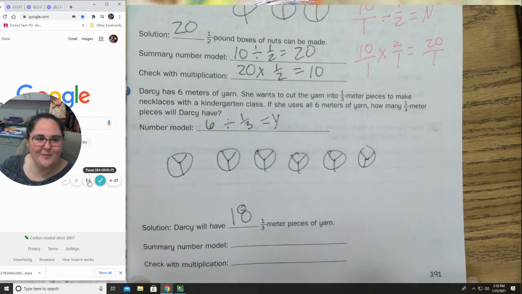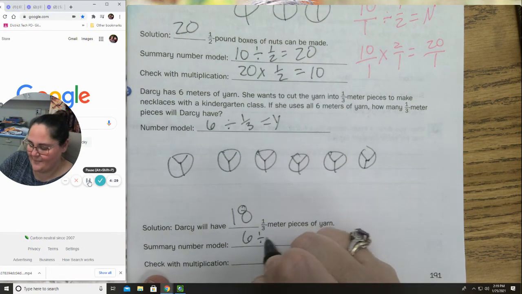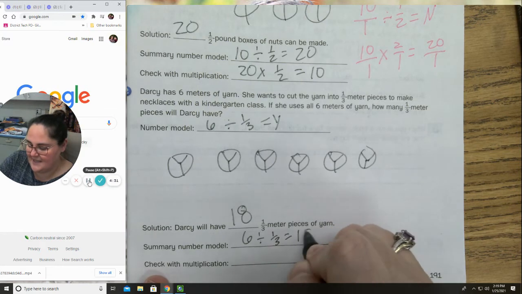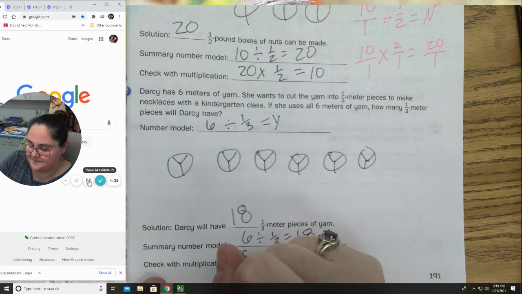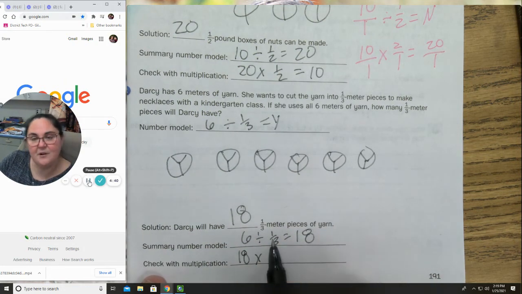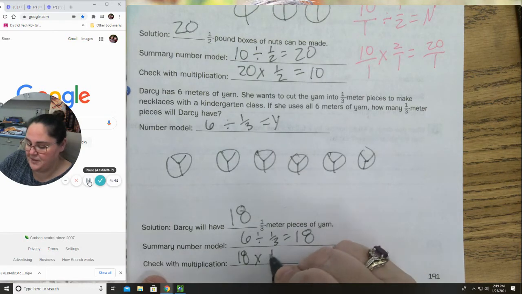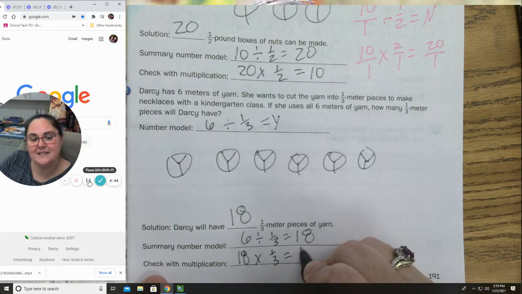My summary number model should be 6 divided by 1/3 equals 18. And to check with multiplication, I'm going to take my answer, 18, and multiply by the middle number. 18 times 1/3 equals 6.